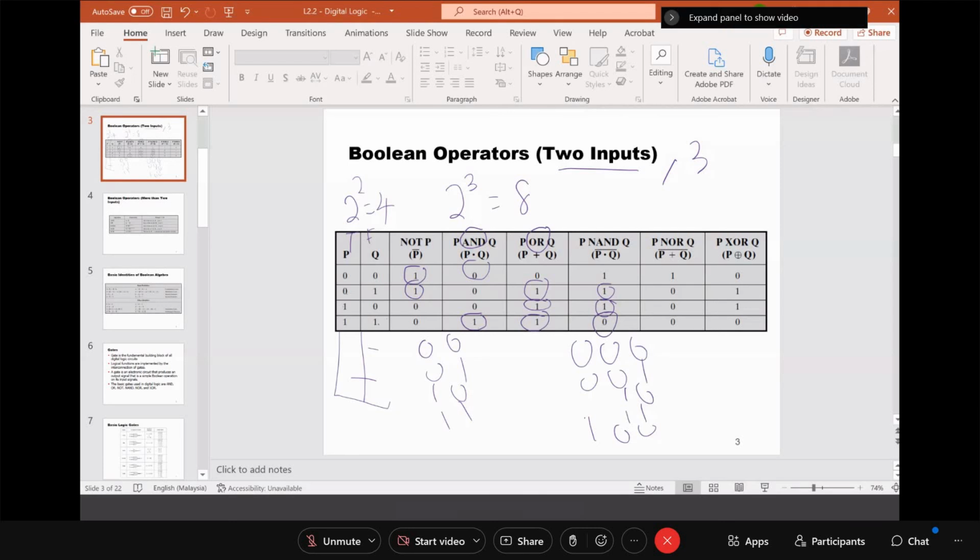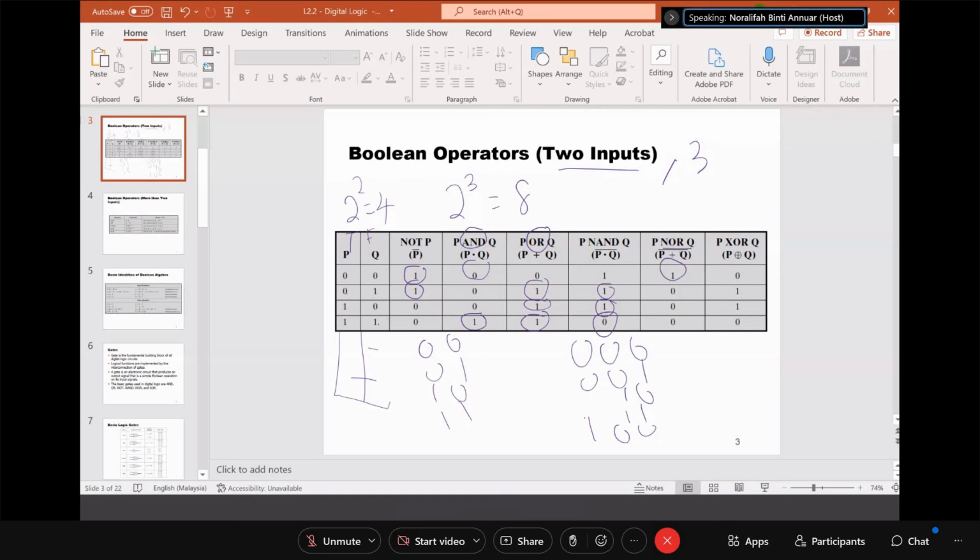For NOT OR, there are 2 operations. You OR first, then you NOT it. With the bar, OR: 0 or 0, the answer is 0, but NOT 0 is 1.